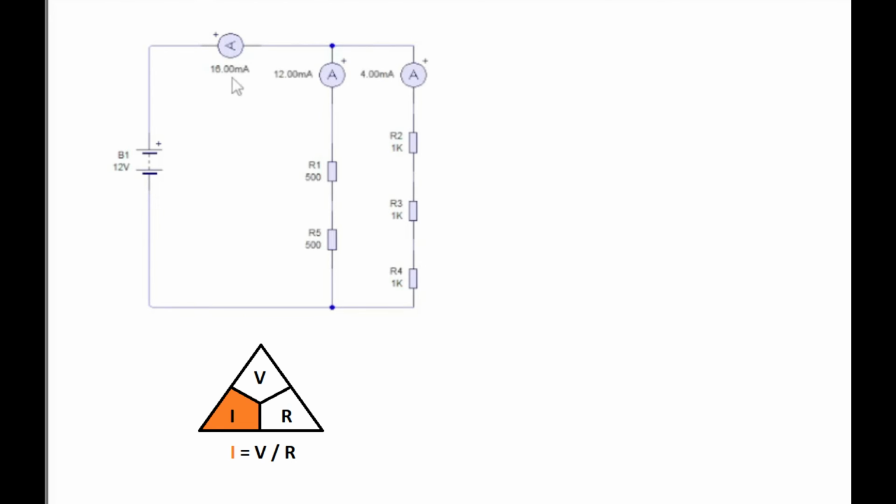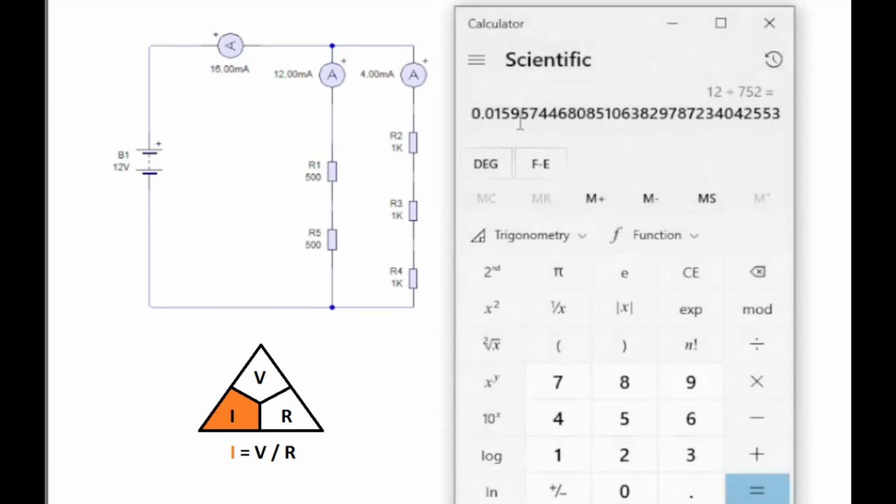And here you can see 16 milliamps. Obviously it's rounded up to 16, so 16 milliamps would be 0.016 amps.